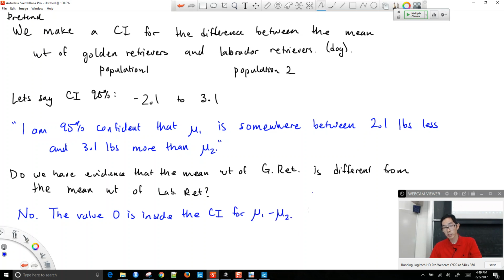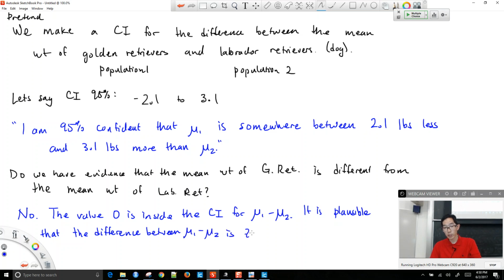That means it is plausible that the difference between mu1 and mu2 is 0. The difference between mu1 minus mu2 is 0.